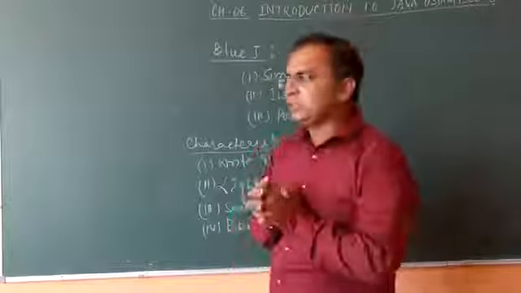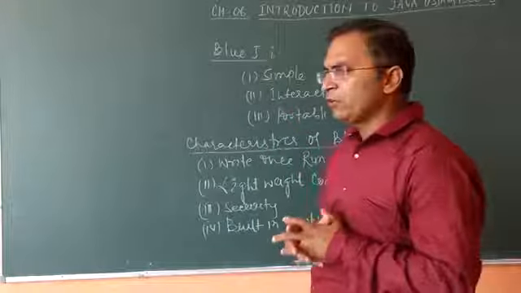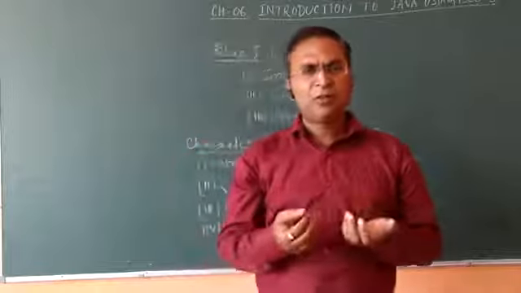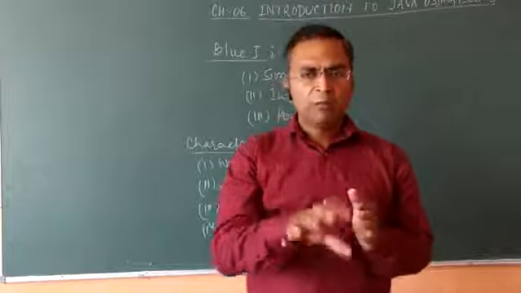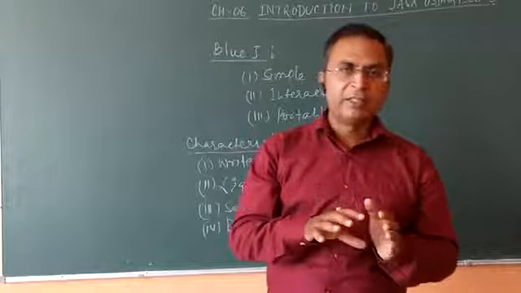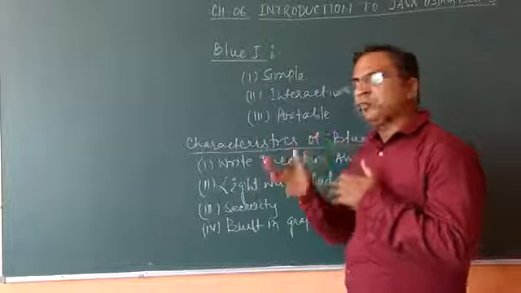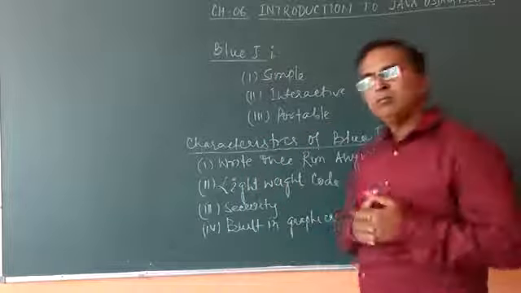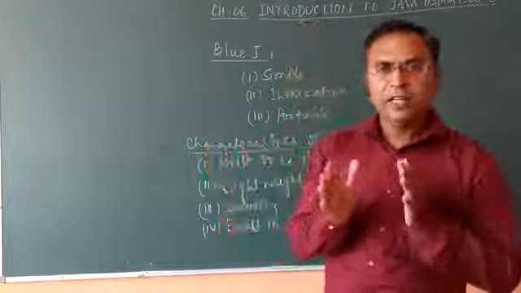So the first characteristic that BlueJ has is write once, run anywhere. Once the programmer or user has written some code on the BlueJ editor, it can be executed anywhere.